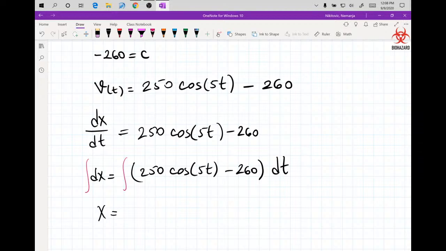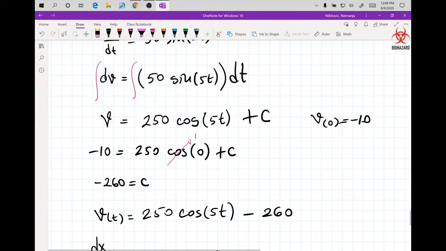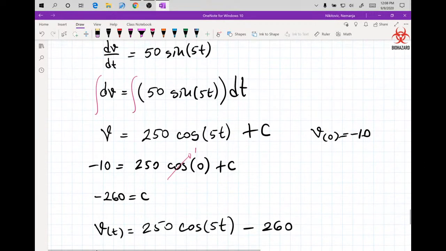When I integrate, wait. No one said anything. This is all wrong. I was just testing you. Supposed to integrate, not differentiate. This is the derivative.